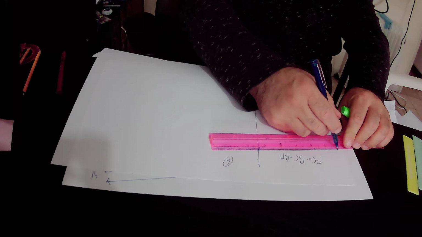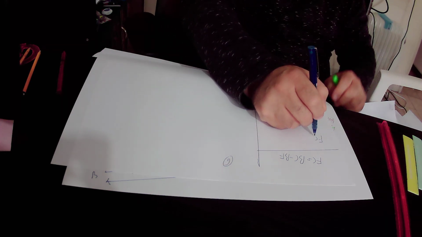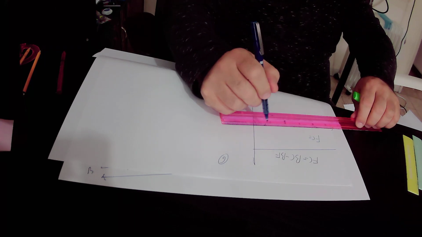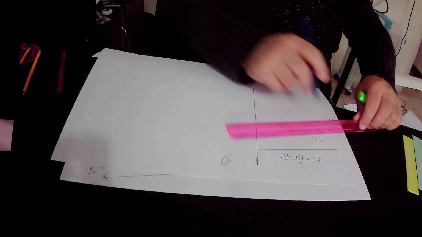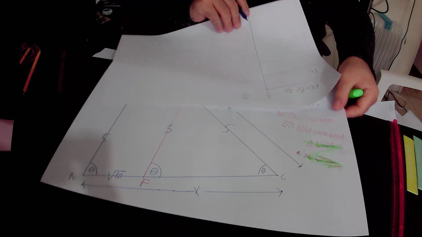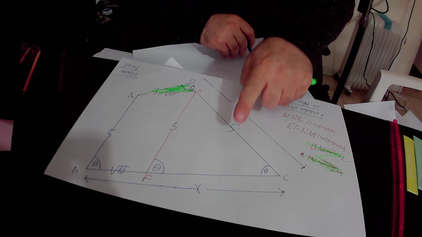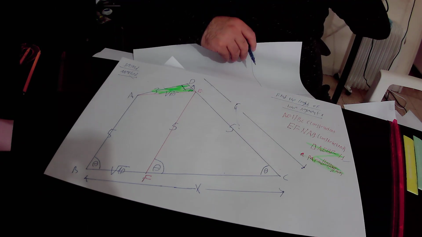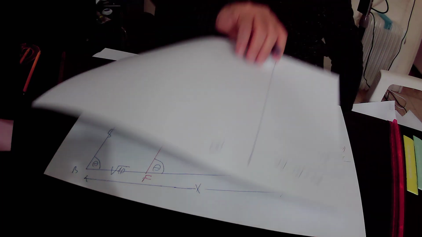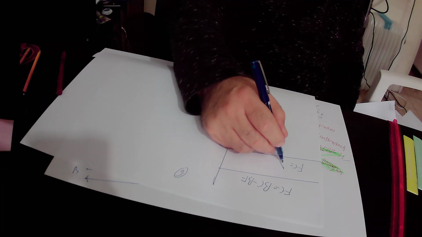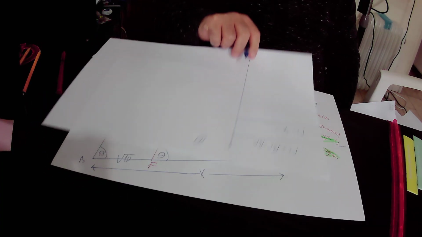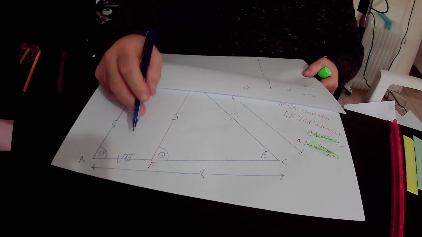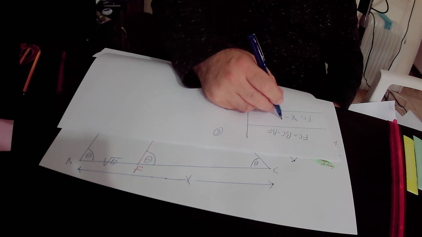So FC equals BC. BC equals X according to what is given in the question. So we substitute BC by X, minus BF. BF equals the square root of 10 units.